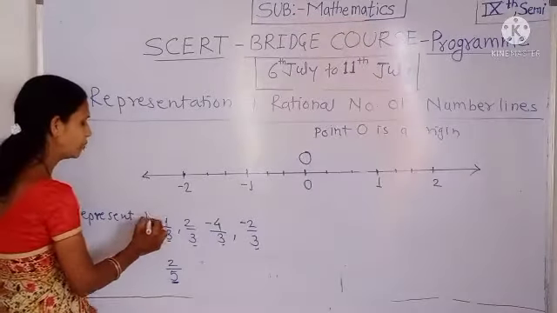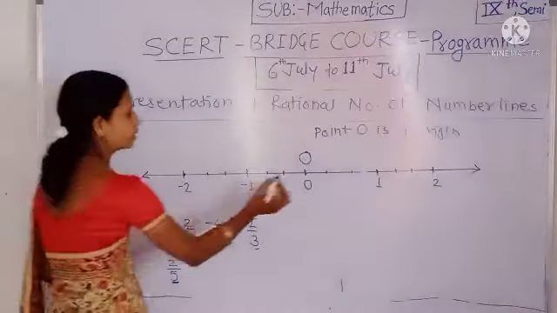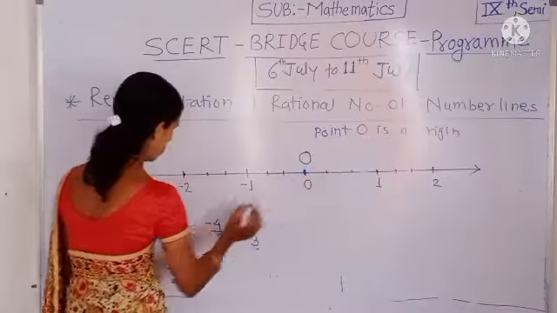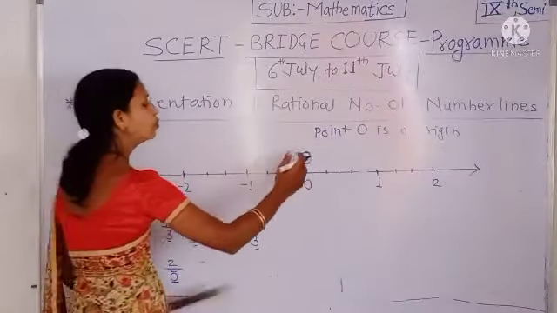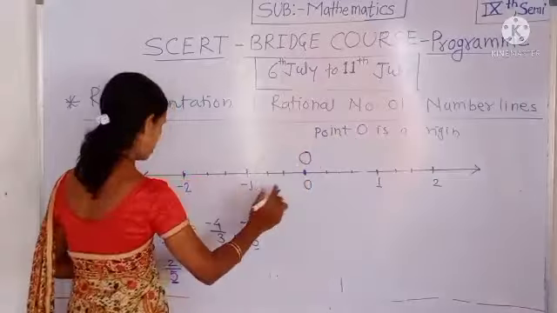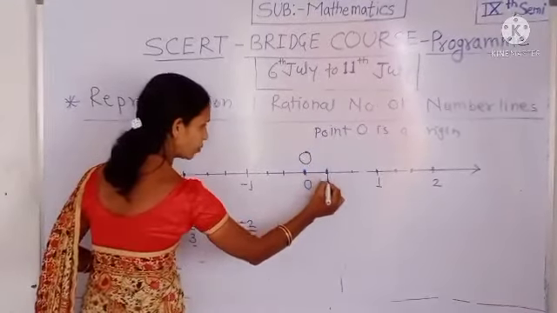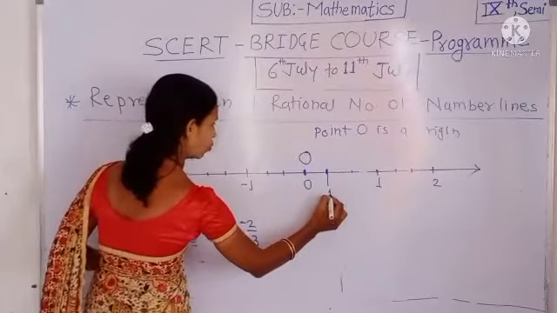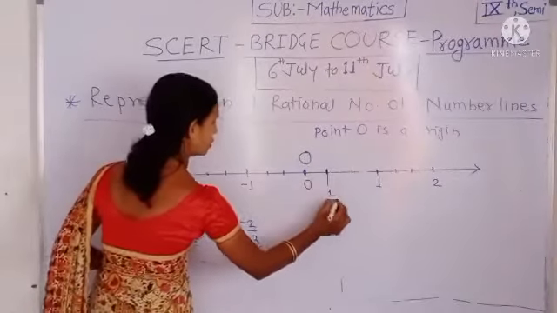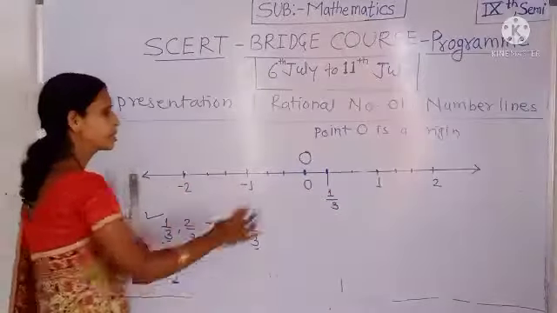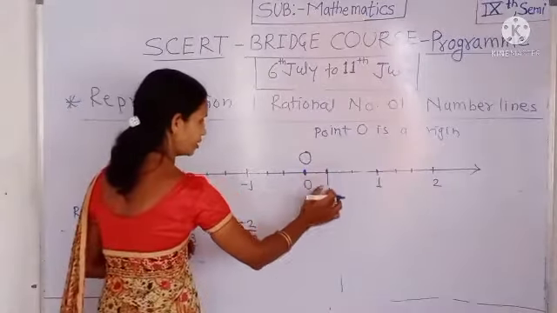Then see here we have to represent 1 upon 3. Then starting from 0, it is a positive number. We move to the right hand side from this 0 at the first point, that is the 1 part upon 3. That means out of these 3, 1 part is there.